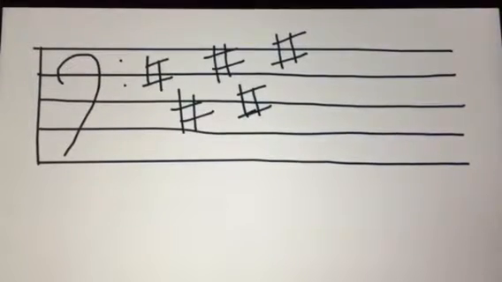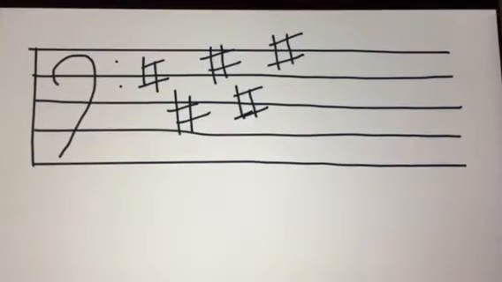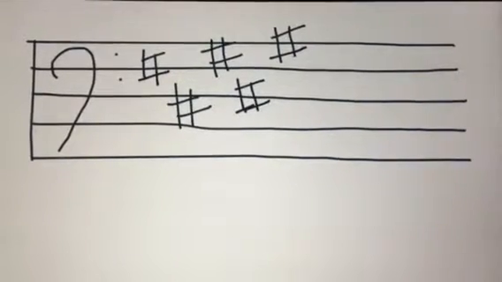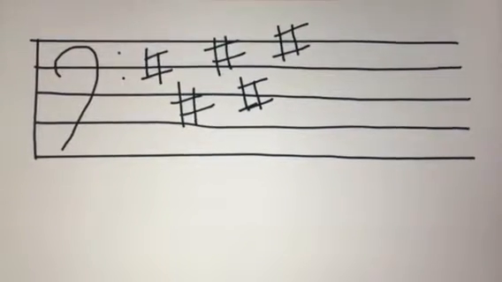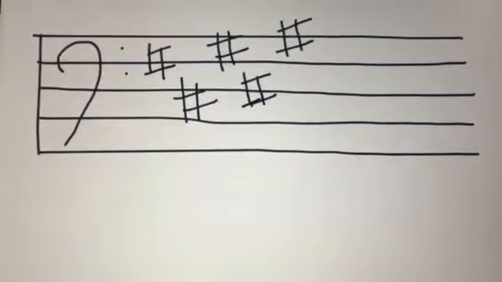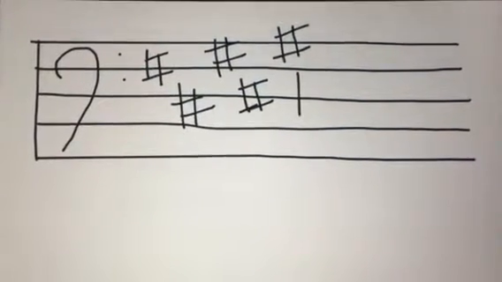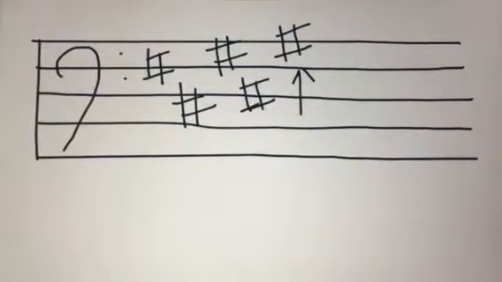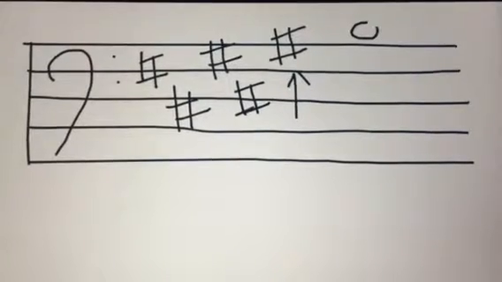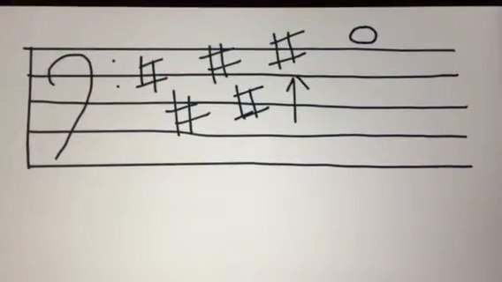Let's look at the key signature that has 5 sharps in it in the bass clef. We go and find the last sharp, and we call it ti. So we know that this is where do is.